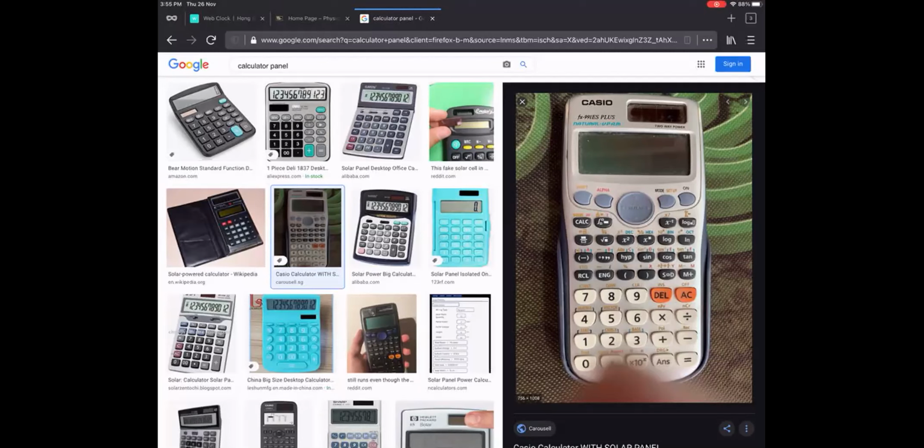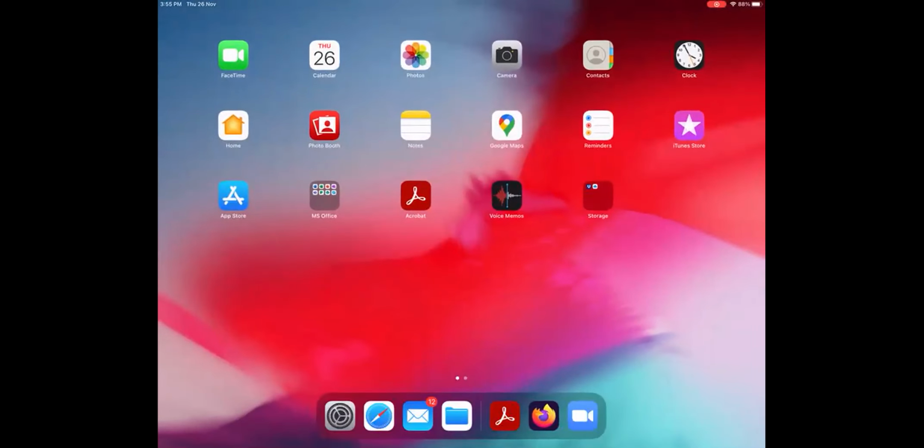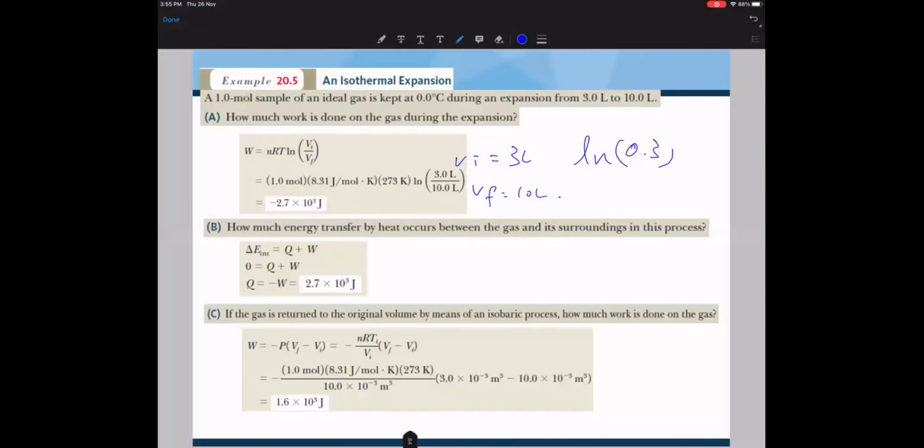So if you press 0.3 and then you press the LN, you would get the value of the natural log of 0.3, which is a negative number because the log of something smaller than 1 should be negative.